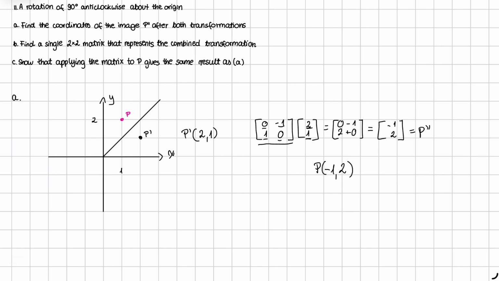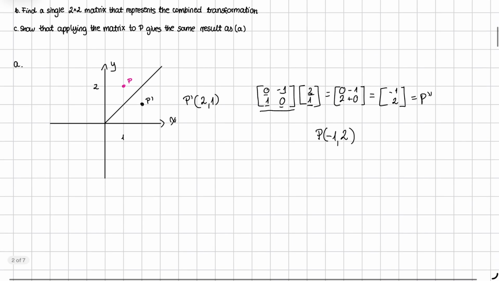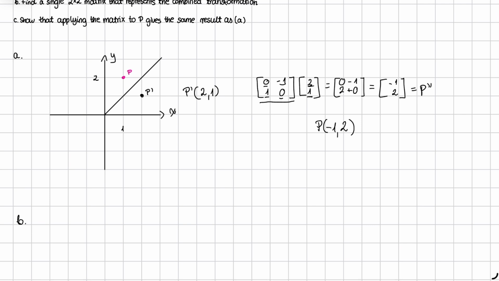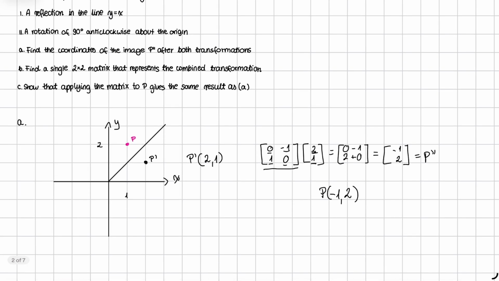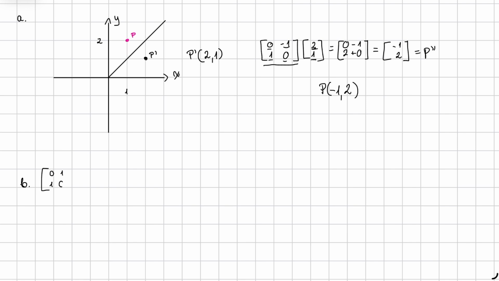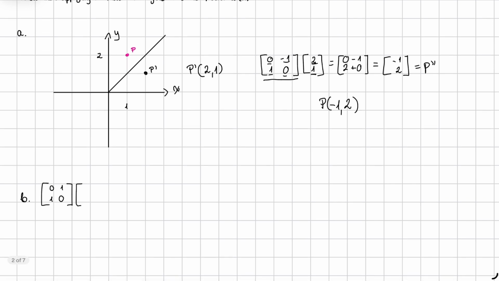B. Find a single 2 by 2 matrix that represents the combined transformation. So let's firstly write down our first matrix, that is a reflection in the line y equals x. When we have this type of reflection, our transformation matrix is (0, 1, 1, 0), and we have to multiply it with our matrix that corresponds to our rotation, (0, -1, 1, 0).